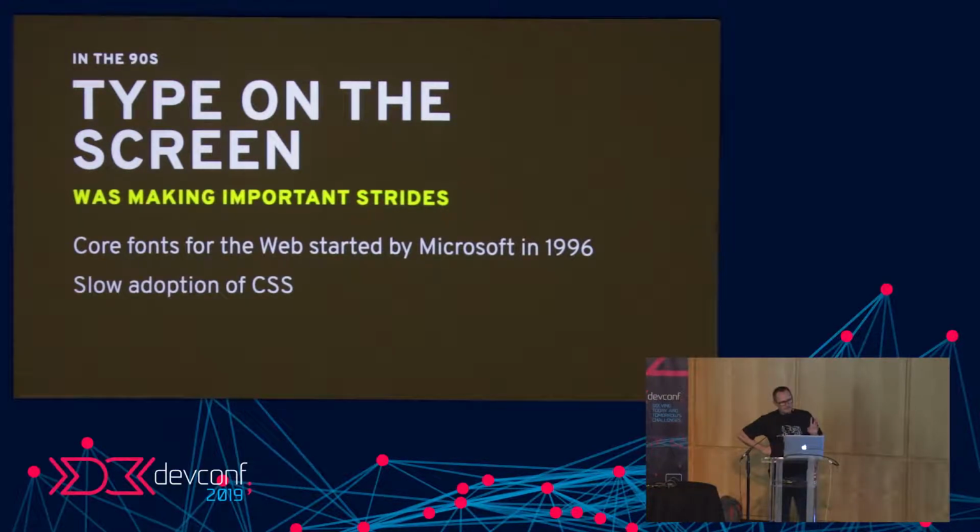And there was one browser in 2000 that supported the entire CSS1 spec, including all the typographic features, and it was Internet Explorer 5, but it was Internet Explorer 5 for Mac. And coincidentally, it was also the very last version of Internet Explorer that was ever released for the Mac. But it was the first one to support proper CSS. A lot of people rail on IE, but there was a lot of good stuff happening in the early days.